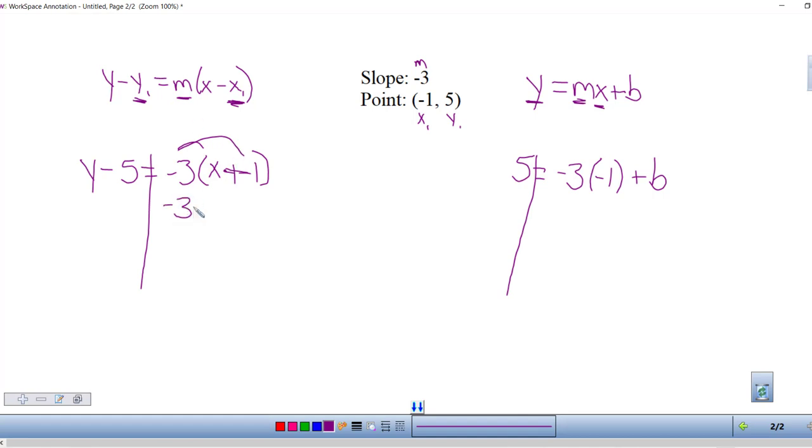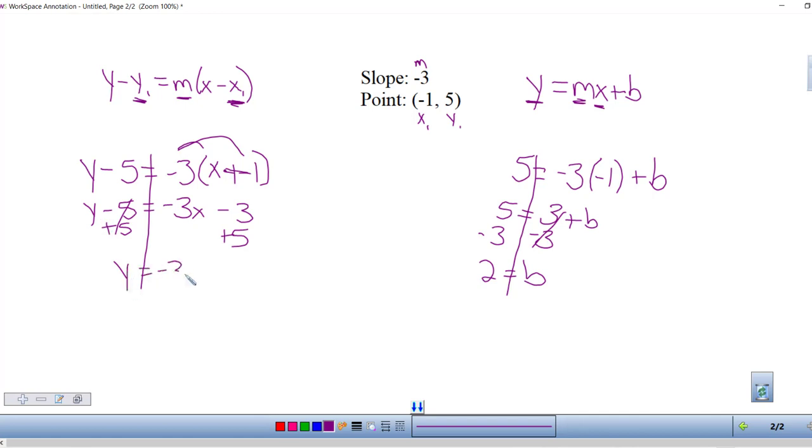We get -3x minus 3. On this side we multiply the -3 and -1 to get a +3. And the opposite of +3 would be to -3. And we get 2 equals b. Over here I'm going to add the 5. It's the opposite. Y equals -3x plus 2 when I combine those like terms.